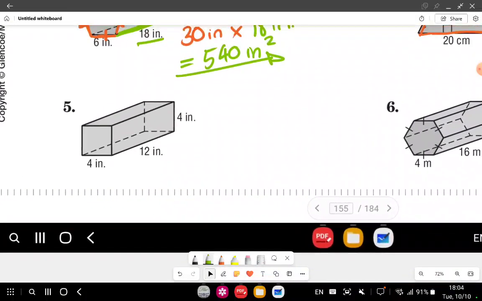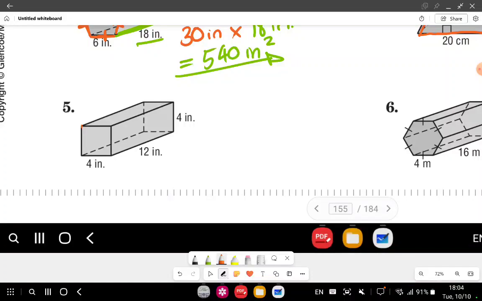Question number 5. Again, my base is that one, and that's 4 inches. It's a square, so it's 4 inches repeated. Perimeter is equal to 4 multiplied by 4. I've got 1, 2, 3, 4, and each one is 4 inches long. So that gives me 16 inches.